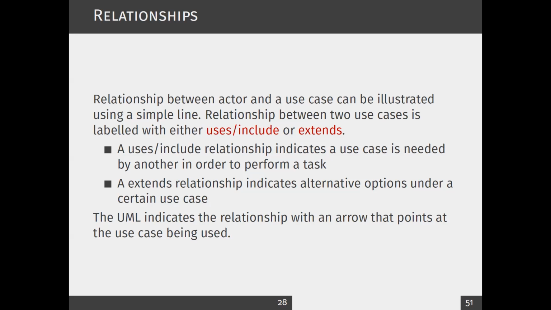You have to satisfy these two use cases to borrow the book, so that's why we have the include relationship. Now extend means you have alternative options. So what do you mean by alternative options?